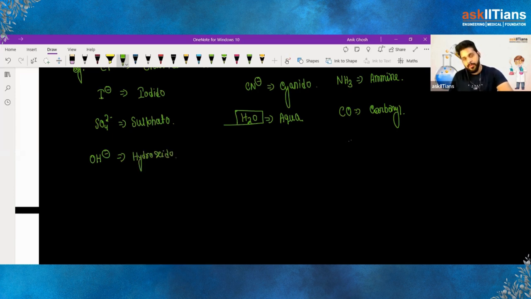Now you try this one. CN minus. In CN minus, guys, I have told you specifically the minus charge is on carbon. Remember that always. What am I going to call this one? Cyanide. I have already written it, but I'm going to modify it once.